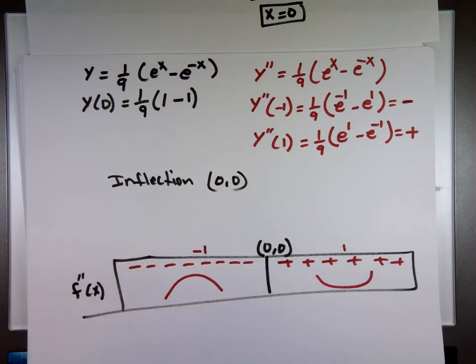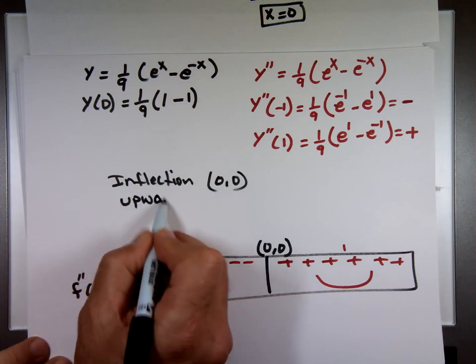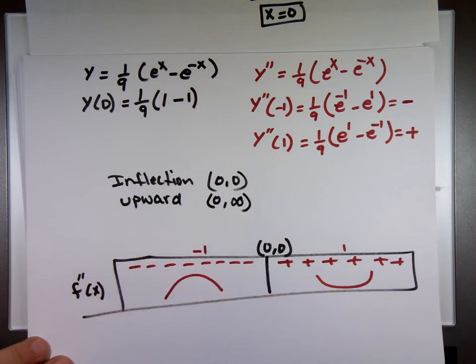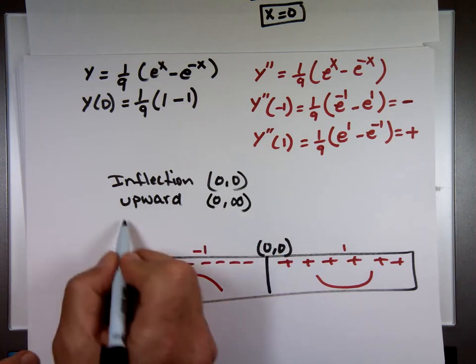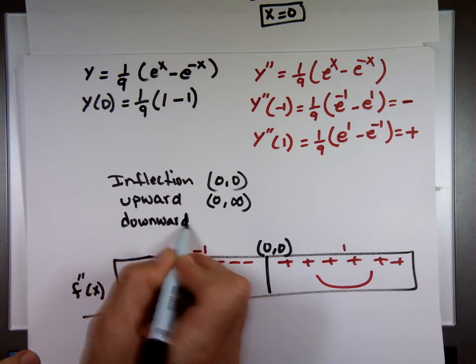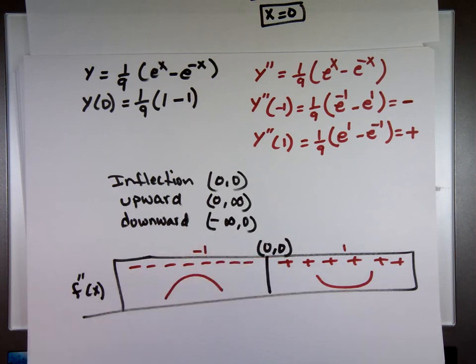Concave upward: from 0 to infinity. Concave downward: negative infinity to 0. Done. That's all the stuff on that.